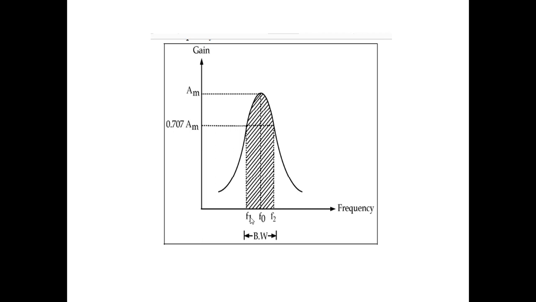If the gain value is maximum at a resonant frequency, then 70 percent of the maximum gain values give the lower cutoff frequency and higher cutoff frequency.